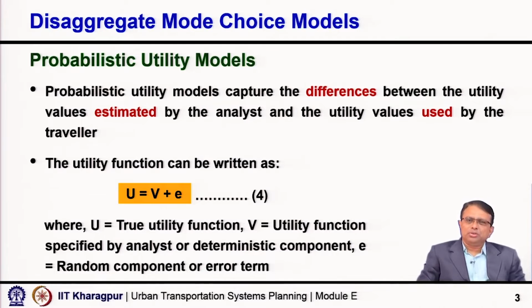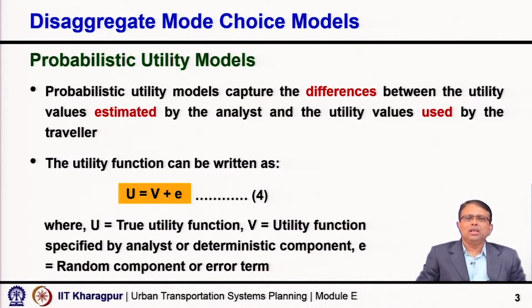Because we know that, in many cases, the modeler cannot really take the complete or the true utility, we now write the utility function as shown in equation 4. That means the true utility is actually a portion of the utility which, as a modeler, we are considering.